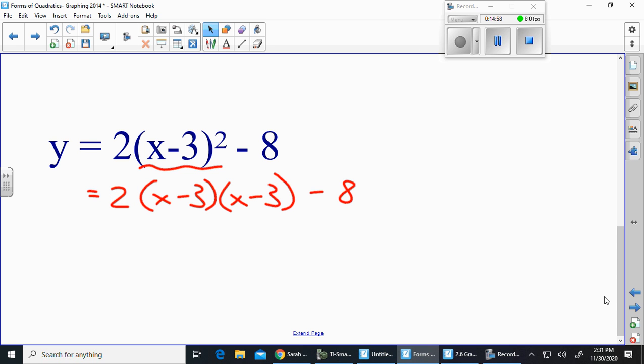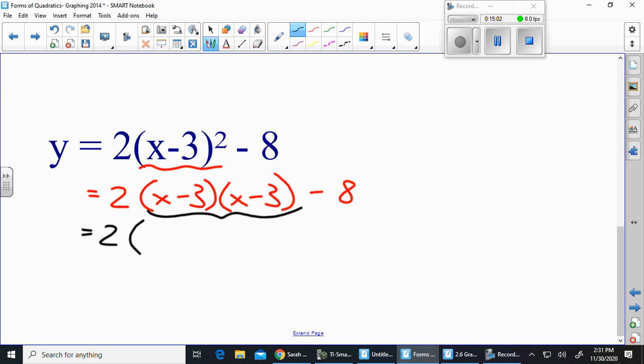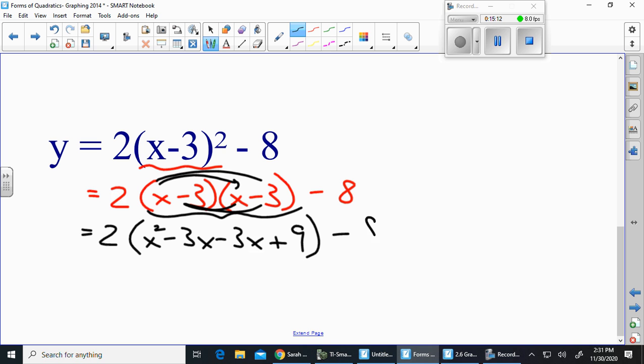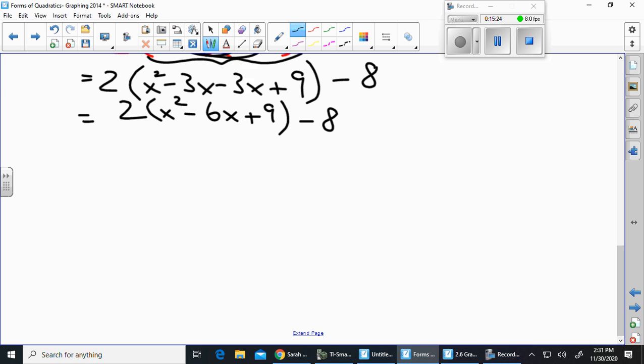So you actually would do this first, which would be x squared minus 3x minus 3x plus 9. Then distribute, you could put this together. That would be x squared minus 6x plus 9 minus 8. You can see, again, this is a ton of work.